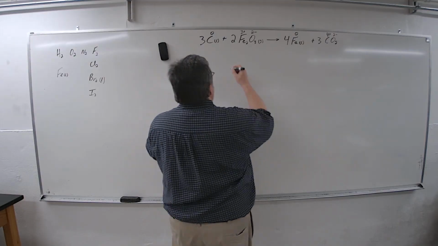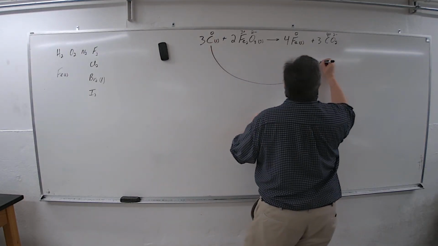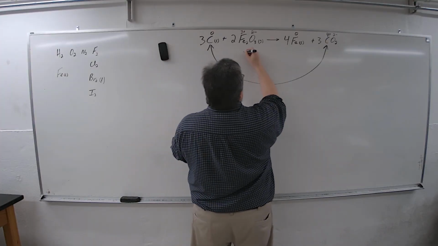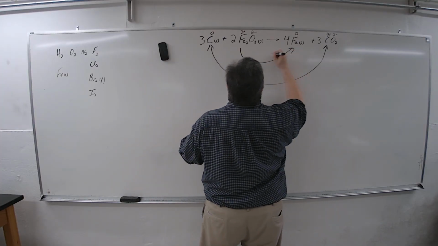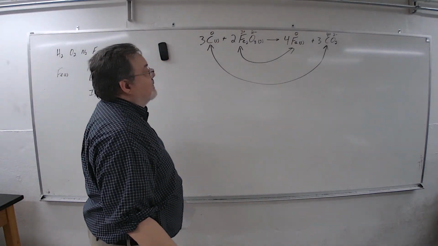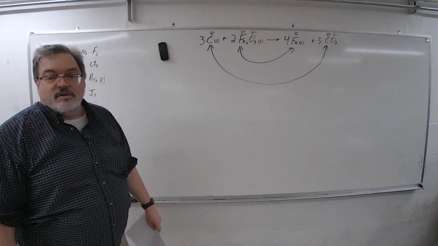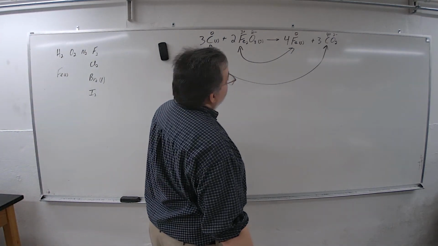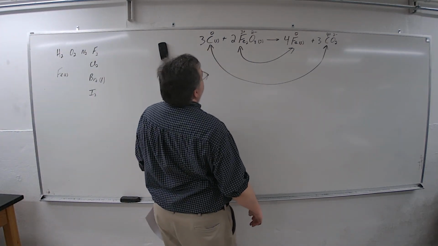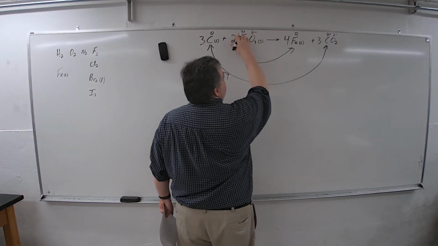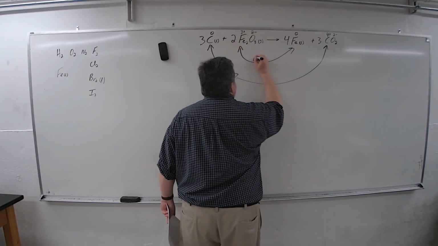And what do we have? Carbon changes. Iron changes. Oxygen does not change. It's -2 and -2. Which one had their charge reduced? Oh, yes. I thought it was carbon. Yeah. So iron went from +3 down to 0.